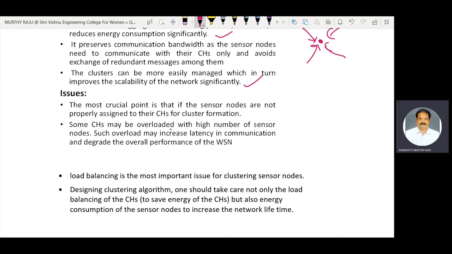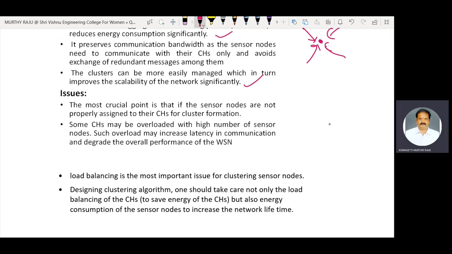In that scenario, you have to face some issues. Some cluster heads may be overloaded with a high number of sensor nodes. Suppose the cluster head has capacity to communicate with 6 cluster nodes only. Instead of 6 cluster nodes, 10 cluster nodes are forcibly assigned to this cluster head because of scalability.